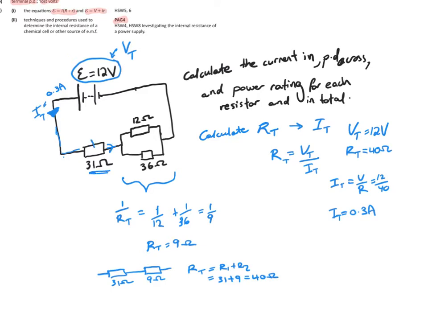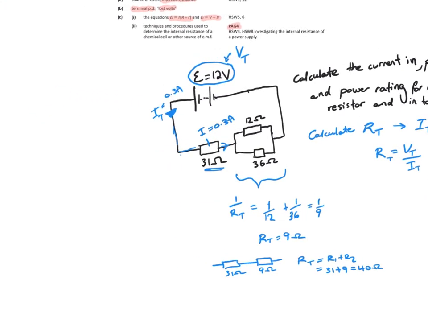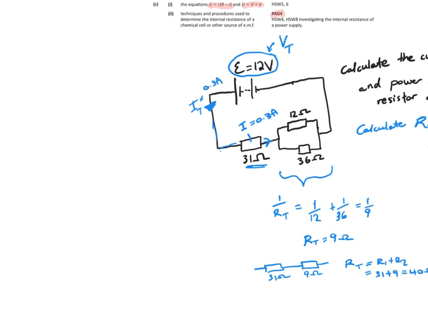So the current through this resistor is 0.3 amps. I know the current and I know the resistance of this resistor, so I can calculate the potential difference across it. That will be I times R, using again Ohm's law.